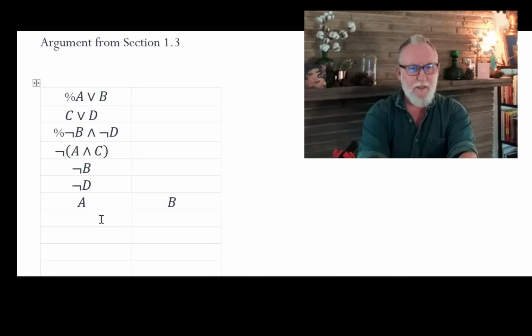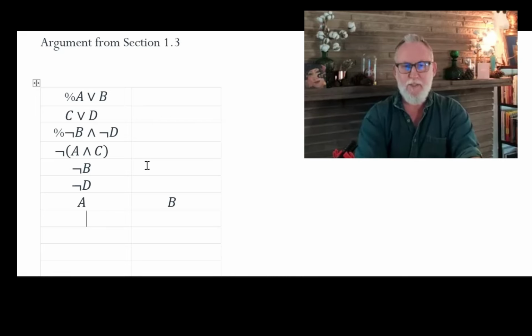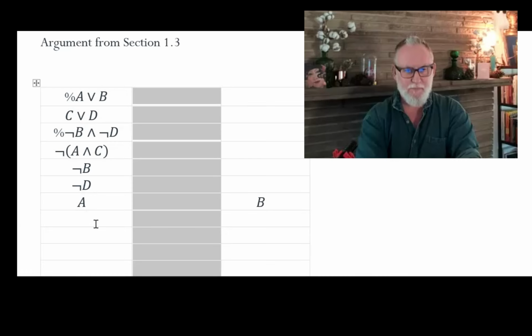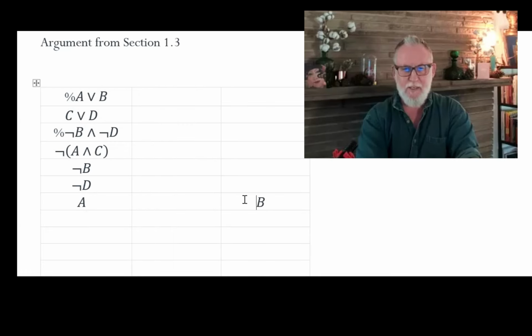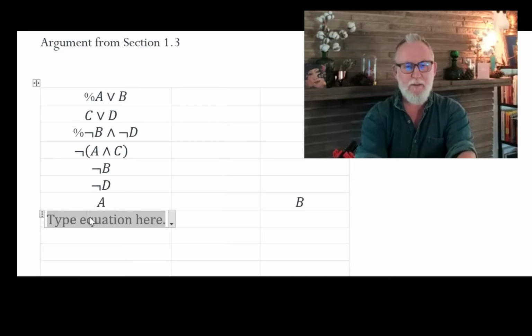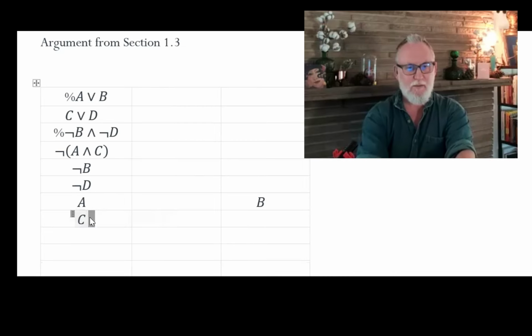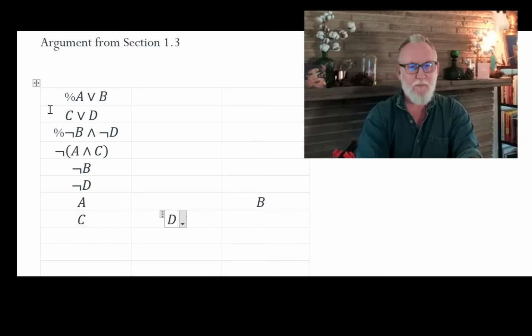So A or B, and then we need C or D. What I'm going to do is insert a column to the right. This B hanging out here is still branching back to the not D, but I'm going to insert in here C or D.